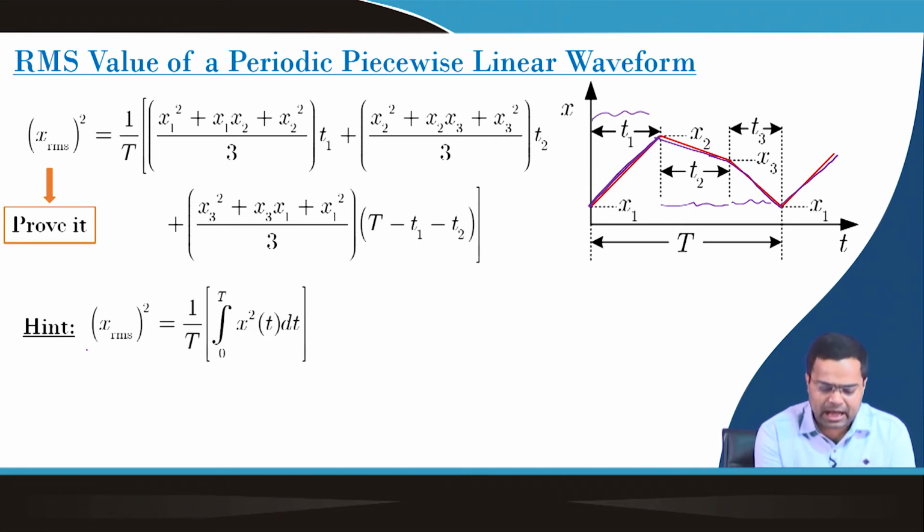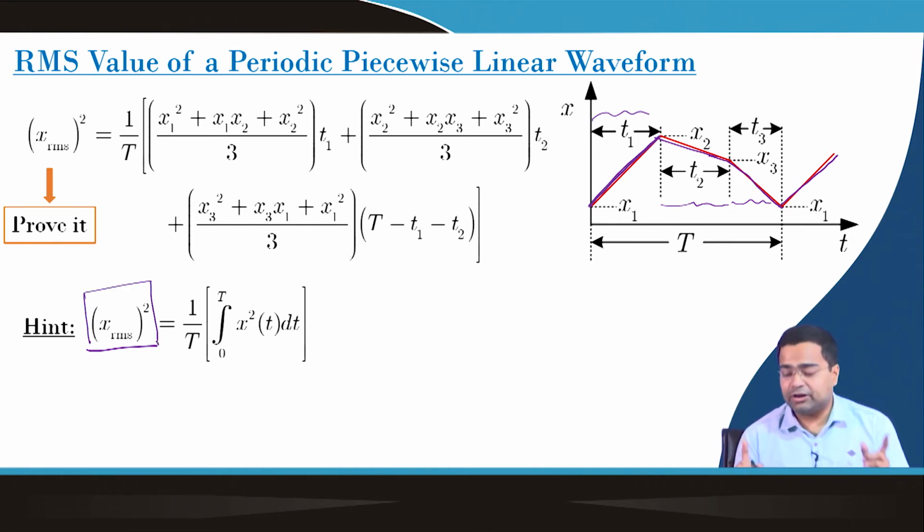So, if you take the RMS current of this periodic waveform, here for a special case we are talking about a periodic waveform with piecewise linear approximation. It looks like a piecewise linear waveform. In fact, this piecewise linear current is common in many DC-DC converters, whether isolated, non-isolated, or various other converters also.